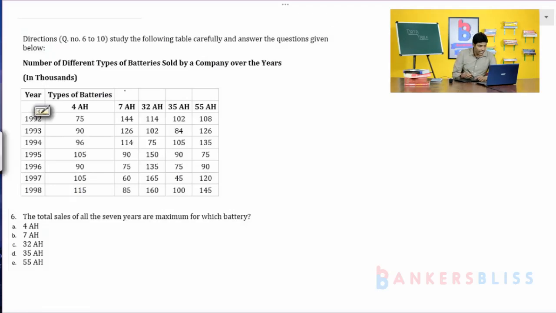So, if you add, see here 75, in this 75 you consider only 70. 90 it's okay, 96 you consider only 90, 105 you consider only 100.